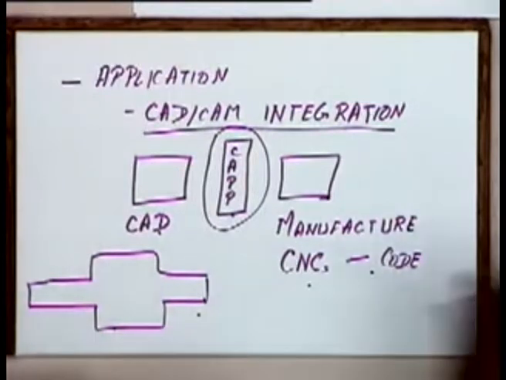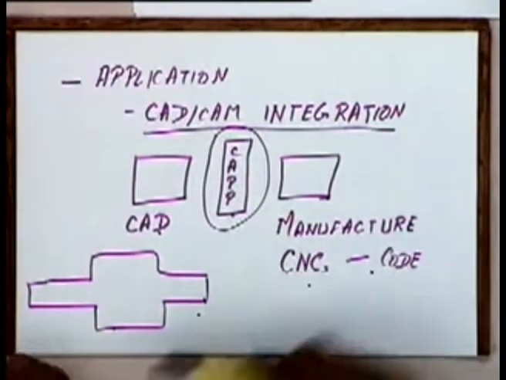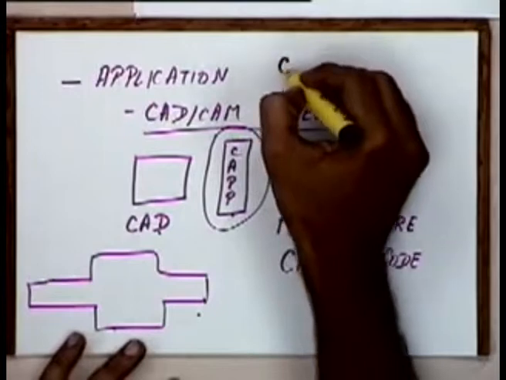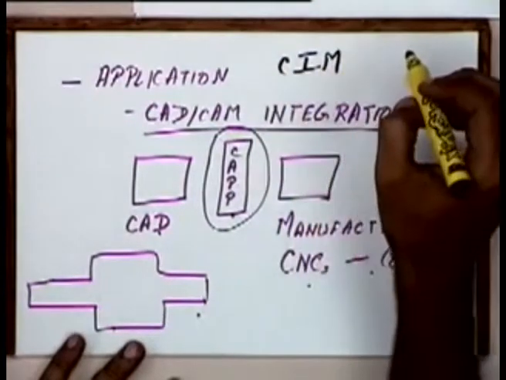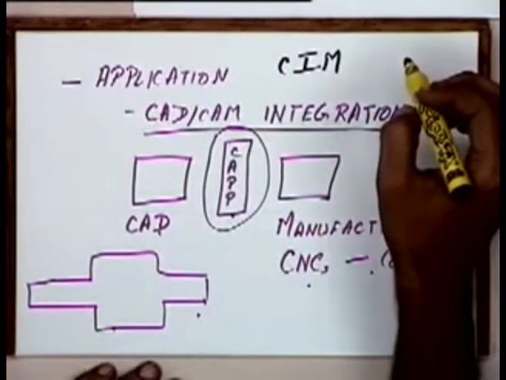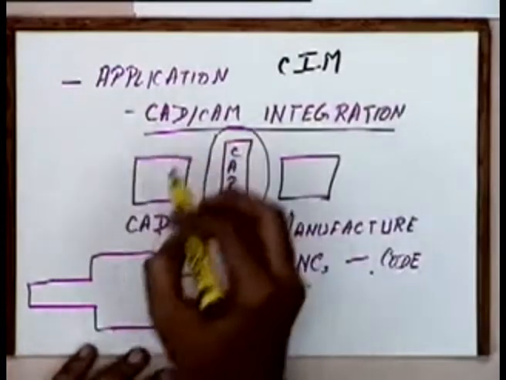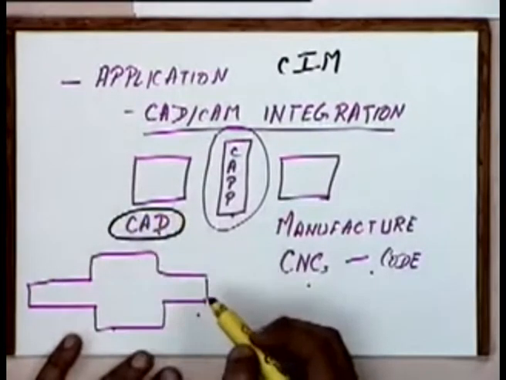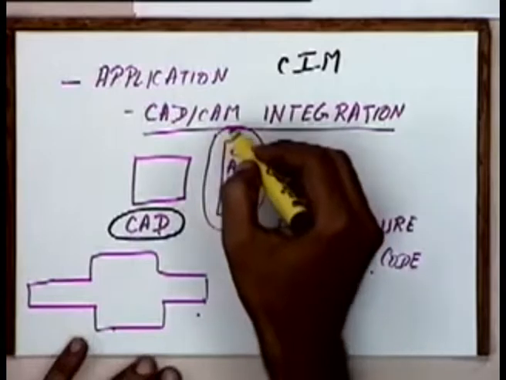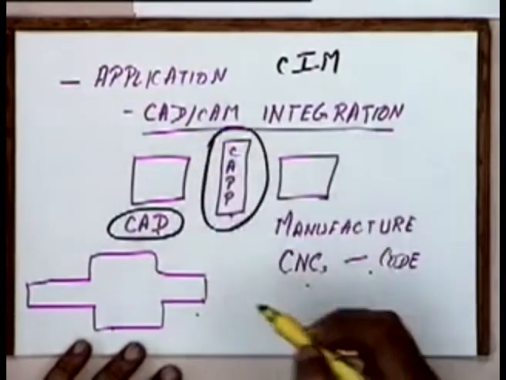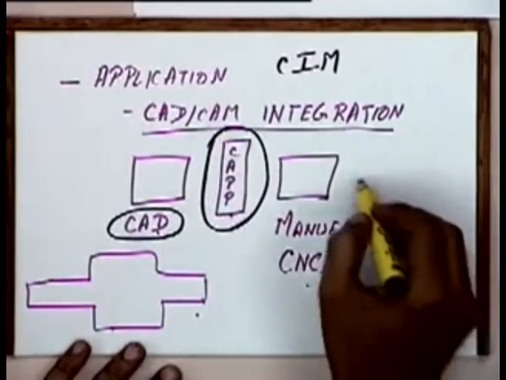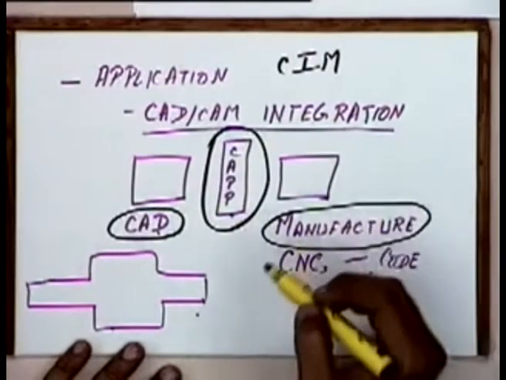In fact, there is a whole area normally referred to as CIM, computer integrated manufacturing. It refers to CAD, to the process plan that is being generated, and to the manufacturing stage.